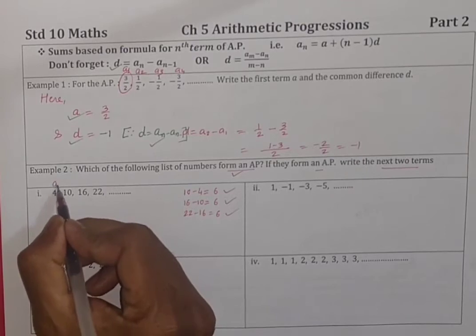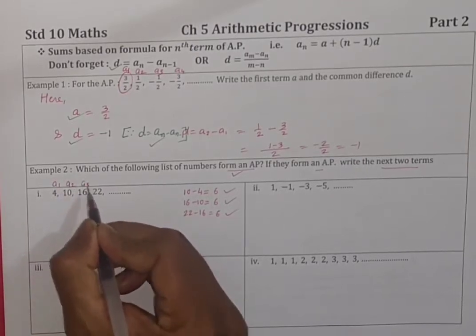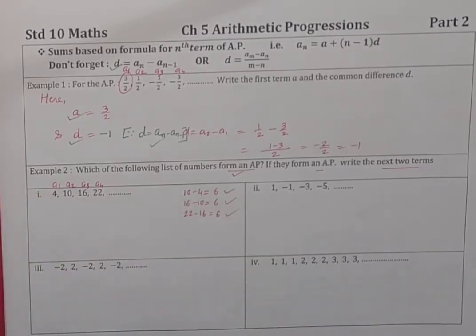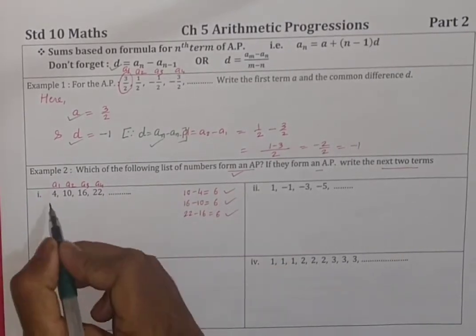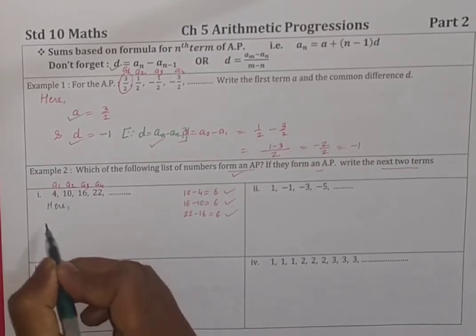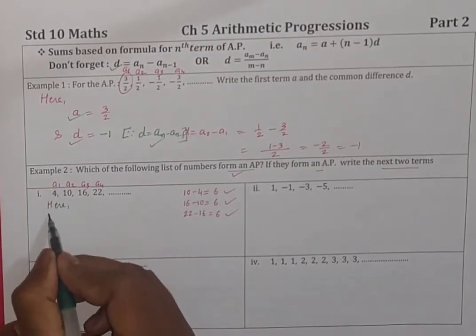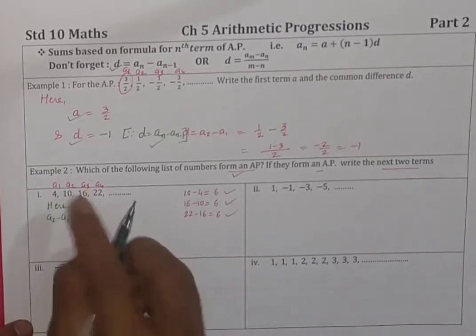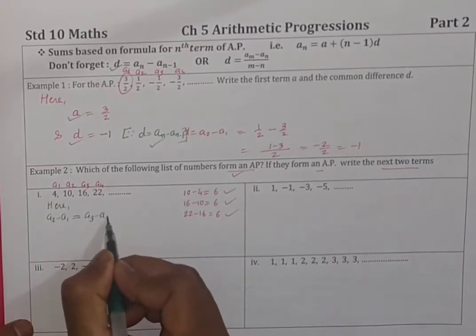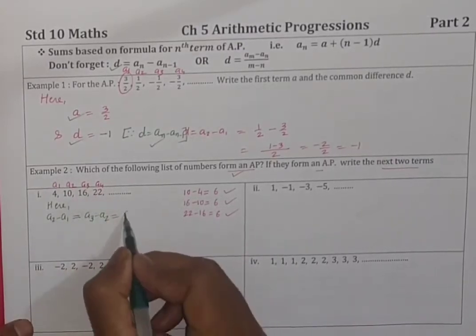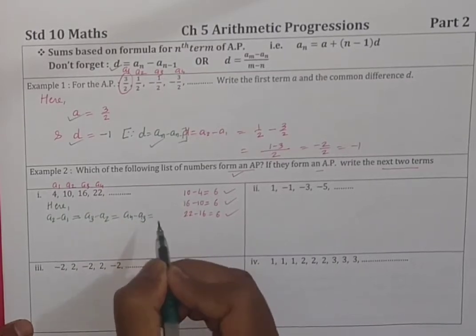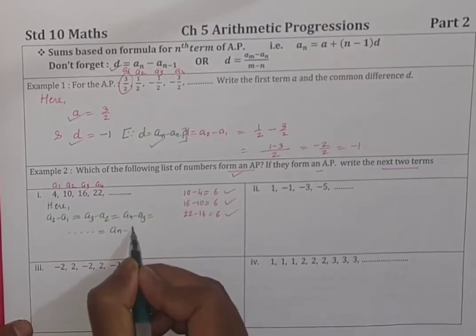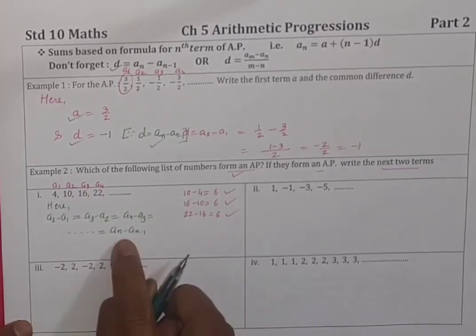Children, this is A1, this is A2, this is A3 and this is A4. And then further you have A5, A6, everything. Now since you came to know this, you just write here, A2 minus A1 is equal to A3 minus A2 is equal to A4 minus A3 is equal to... Children, you will keep on getting that is equal to an minus 1, isn't it, children?